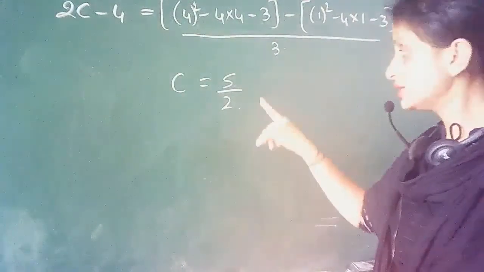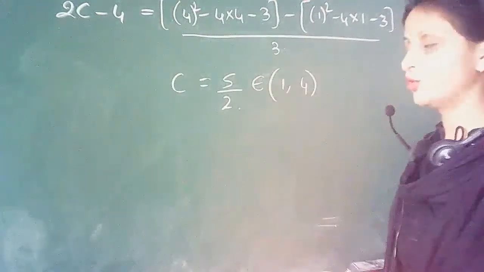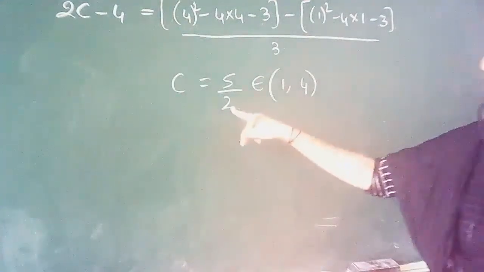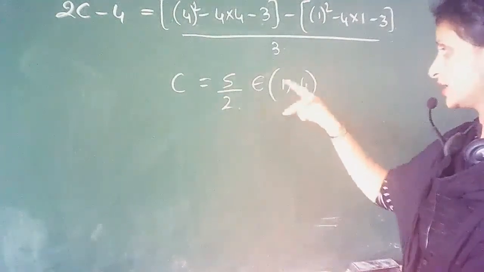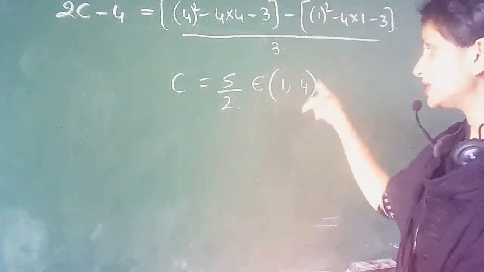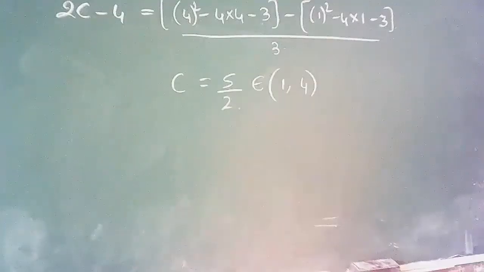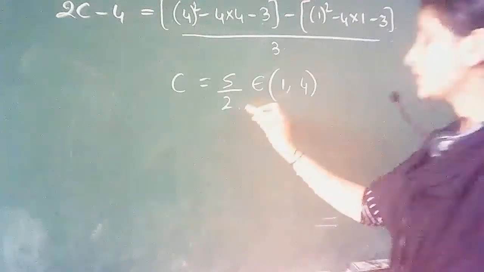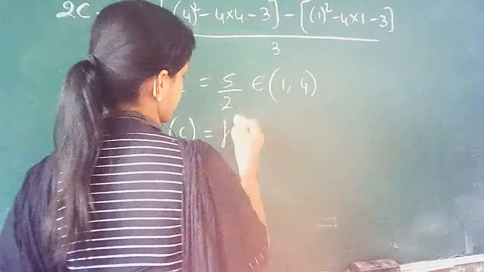You can observe, students, this 5 by 2 will lie in my interval 1, 4. It is 2 point something, and that is in this interval only.